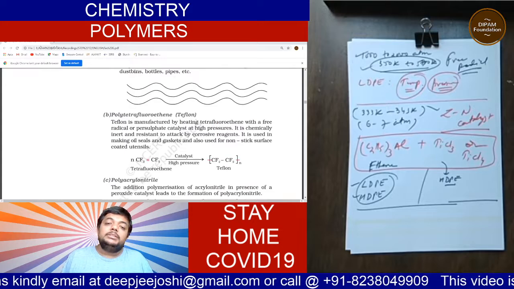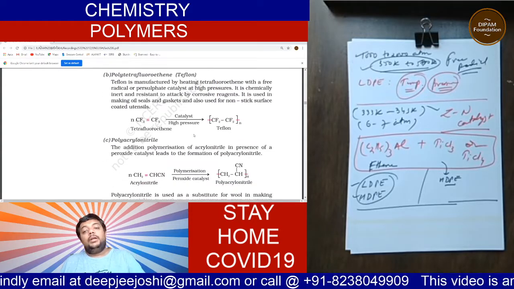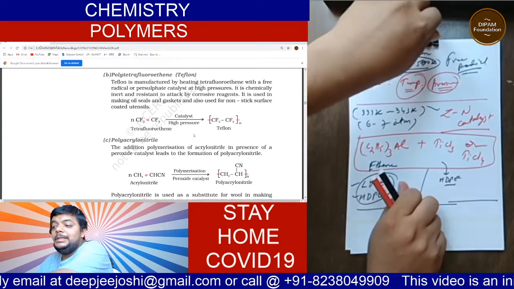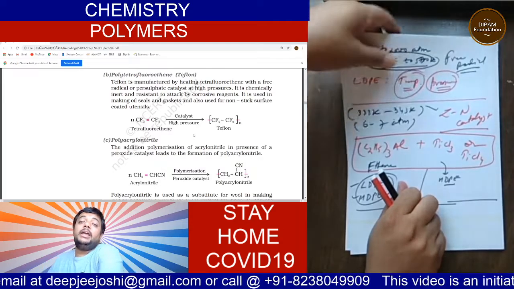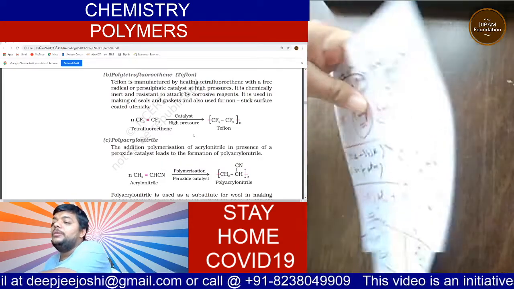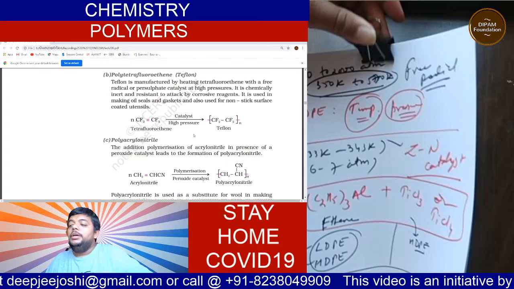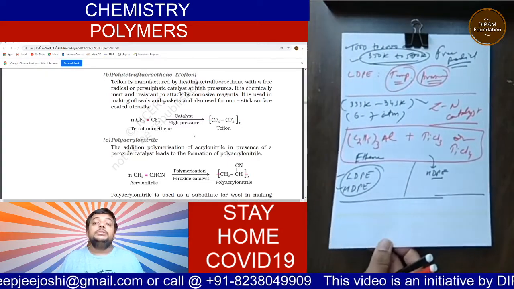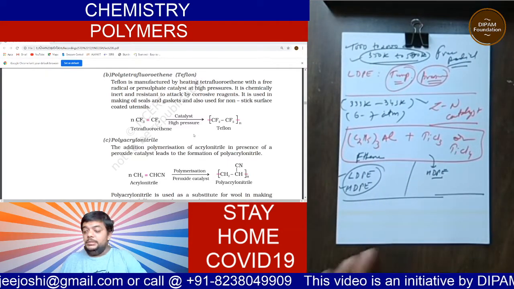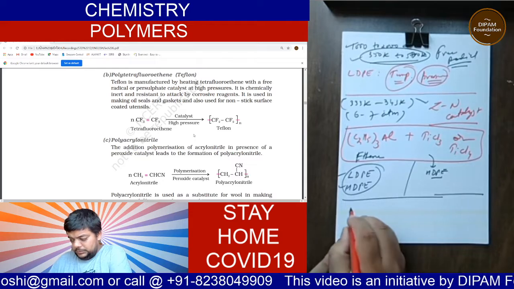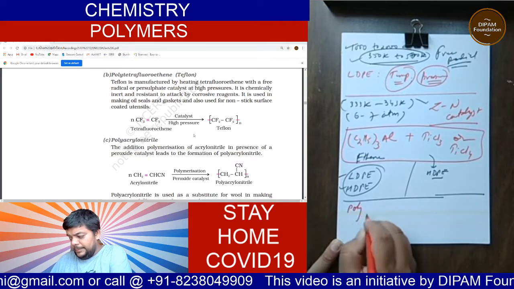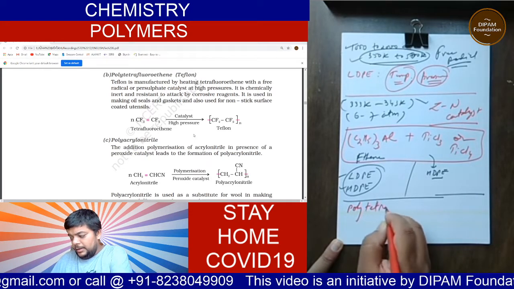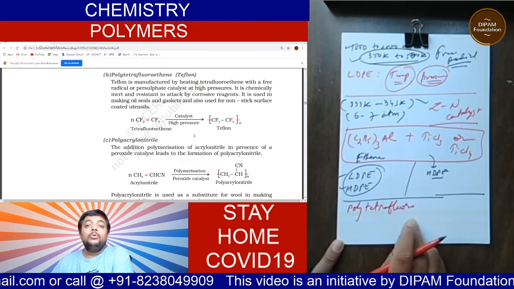Moving forward in the same, we have a very important product obtained over here, and that is popularly known as Teflon. You might have heard of this Teflon as it is used in coating of non-stick cookwares. This Teflon is also known as polytetrafluoroethene.